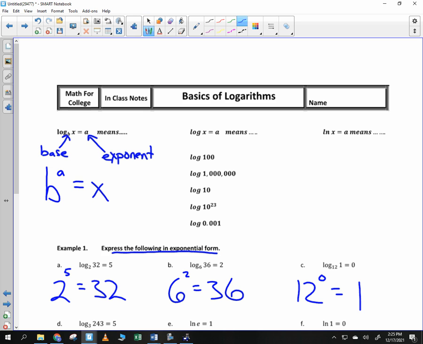All right. Now, let's look at this piece. Suppose you see log of x is equal to a. How is this different than this expression here? There's no base. If you don't see a base listed, the base is assumed to be 10.